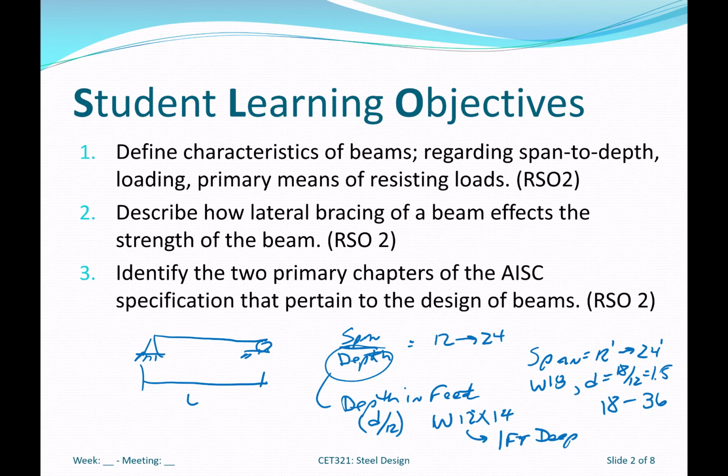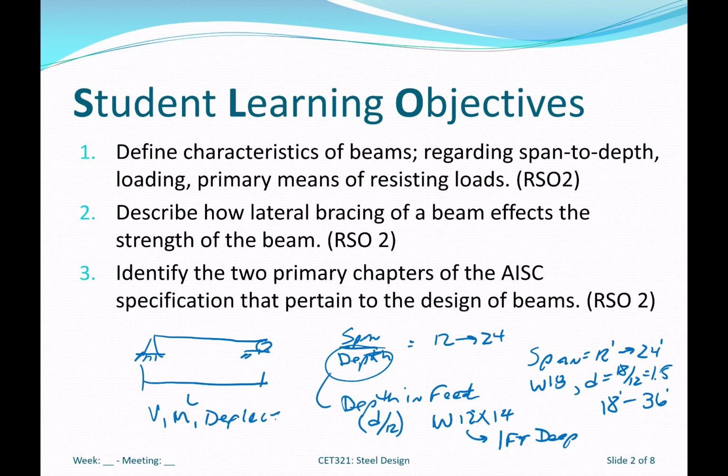Or you could think of the depth as feet: 18 inches deep, 18-foot span; 12 inches deep, 12-foot span; 24 inches deep, 24-foot span. Again, just a rule of thumb, but you have to always go back to our shear, moment, and deflection.